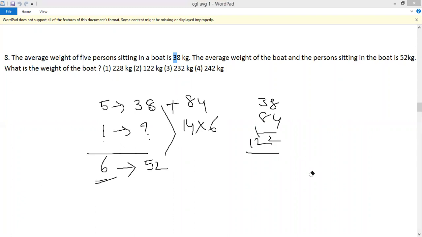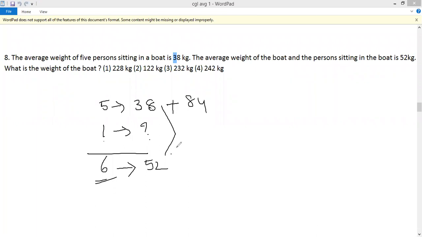As usual, by the previous method, we can do it like this also. Just do it by the previous methods. See here.